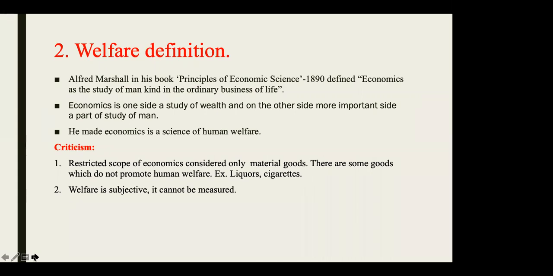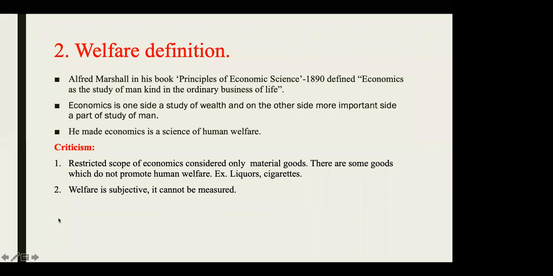The next definition to come is the welfare definition. It is given by Alfred Marshall, and the books are also very important. You can see in ARS and in UGC, there will be a short question on books and authors. Anyone will be asked.